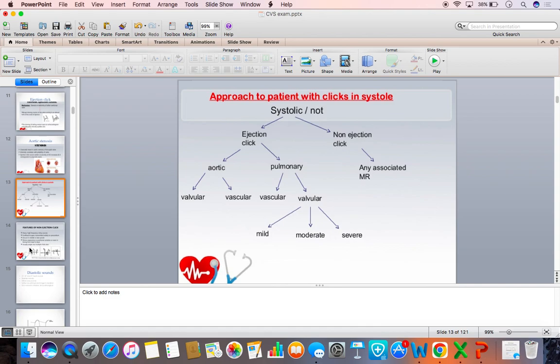It is valvular stenosis that is associated with the ejection click, not subvalvular or supravalvular. When you are dealing with aortic stenosis and you appreciate the ejection click, it is most probably valvular stenosis, not subvalvular or supravalvular stenosis.